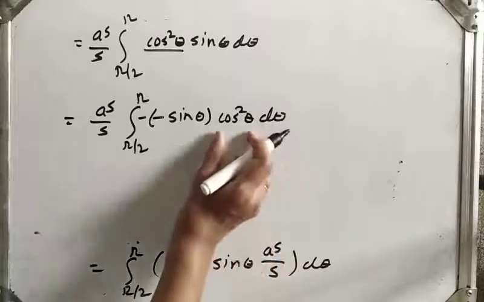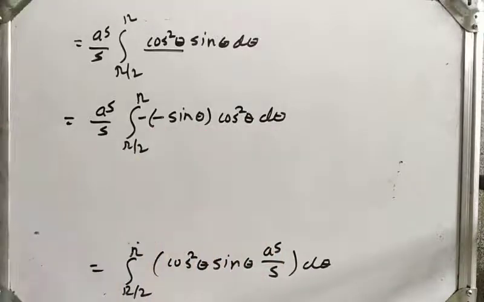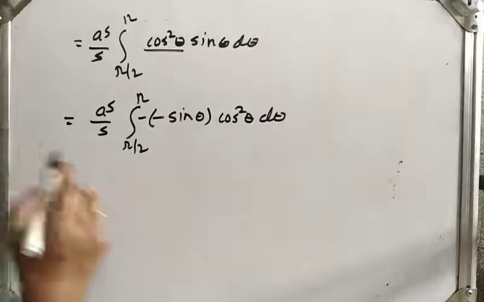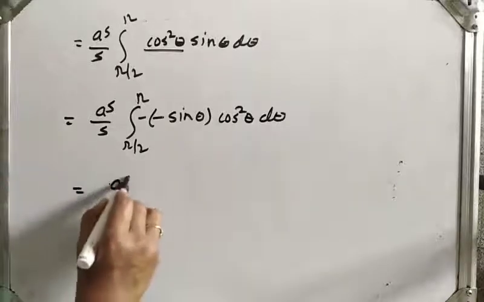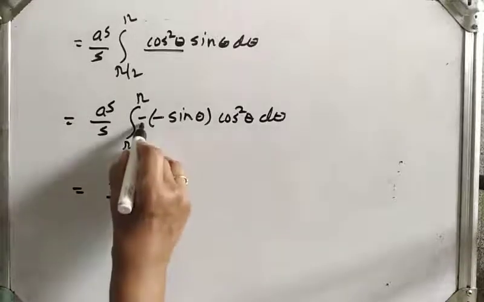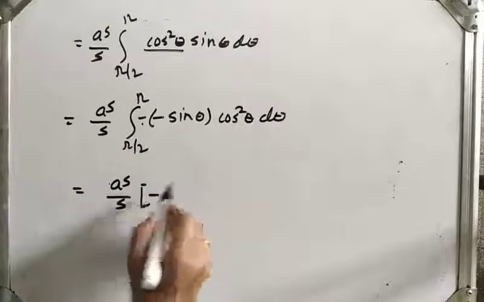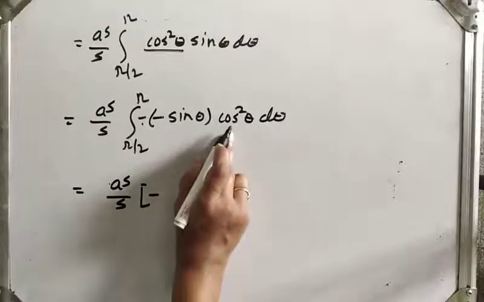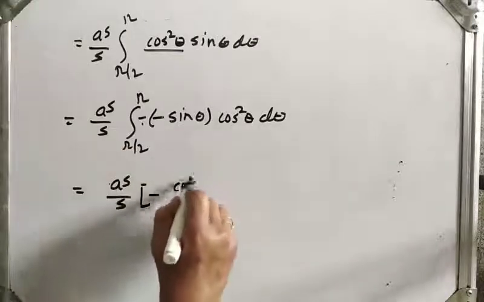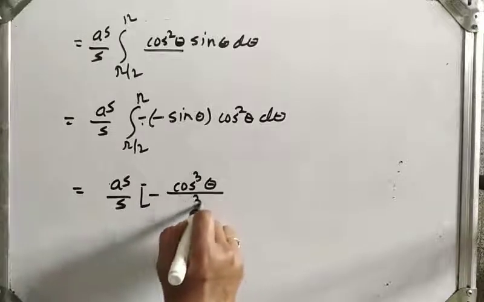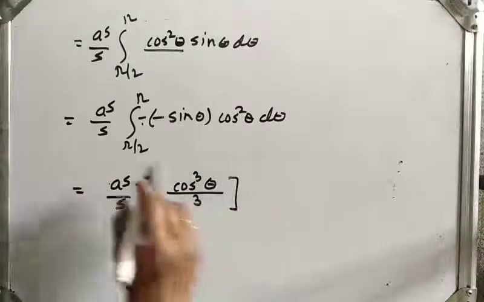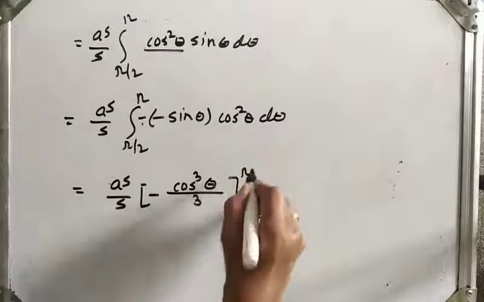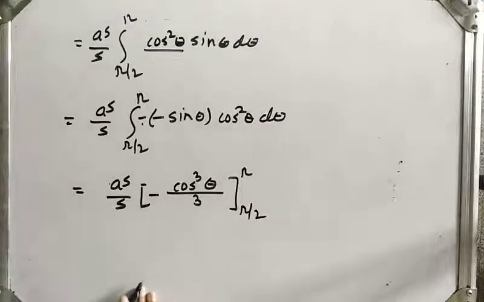Now the derivative of cos square theta is present here, so we will integrate. Next is equal to a raised to 5 by 5, with this minus sign, the integration of cos square theta is cos cube theta upon 3 with limits pi by 2 to pi. Now let us apply limits.